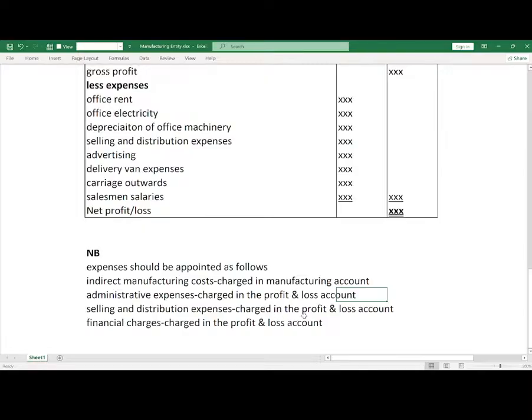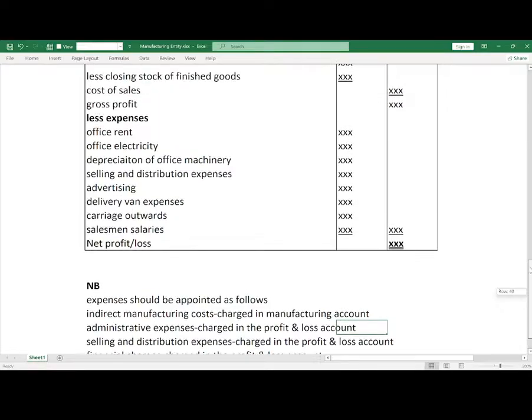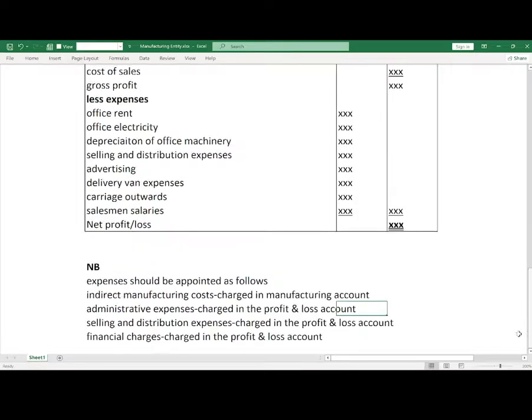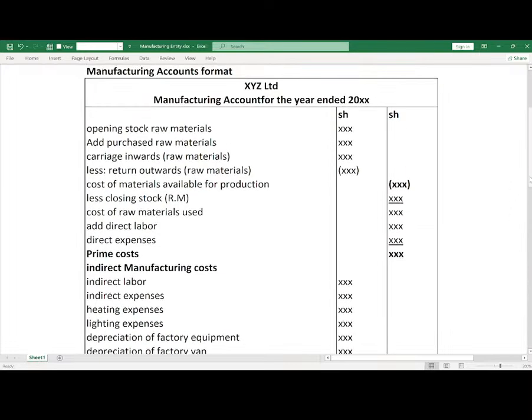So in our profit and loss account, we charge administrative, selling and finance charges. But in the manufacturing account we get the indirect manufacturing costs: indirect labor, indirect expense, heating expense, all these. We charge them in the manufacturing account.